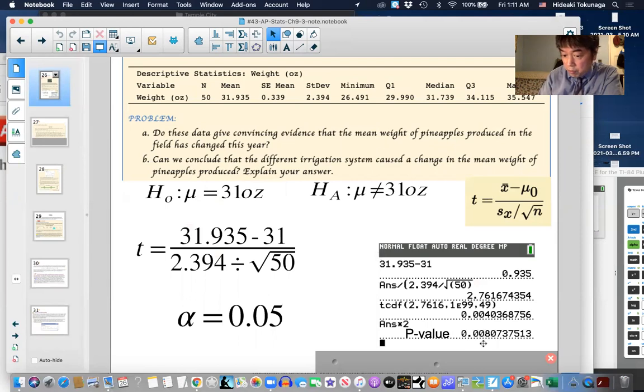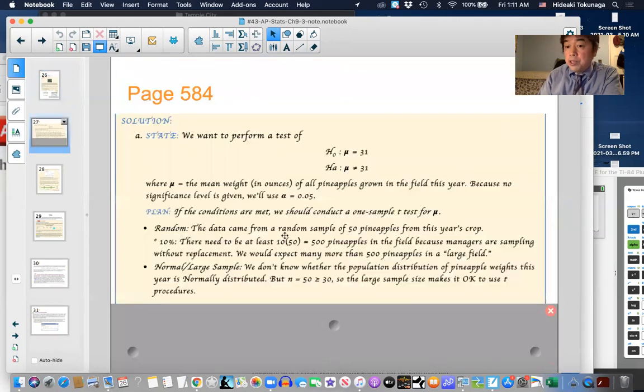It's such a low p-value. First we find 0.004, and since it's two-sided, we multiply by 2, so the p-value is, I said 0.08, but 0.008. Compared to 0.05, that is such a small number. Therefore, we reject the null hypothesis.